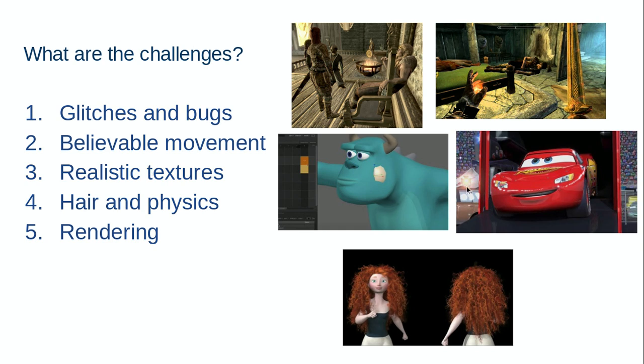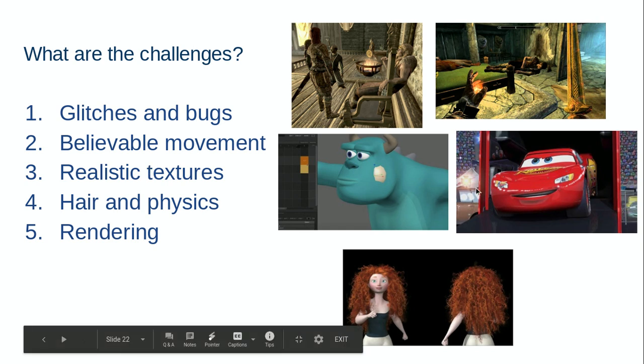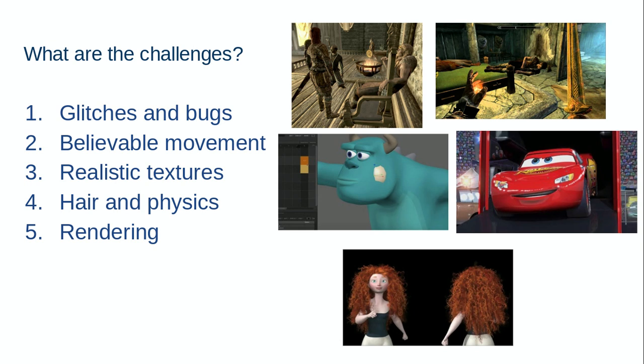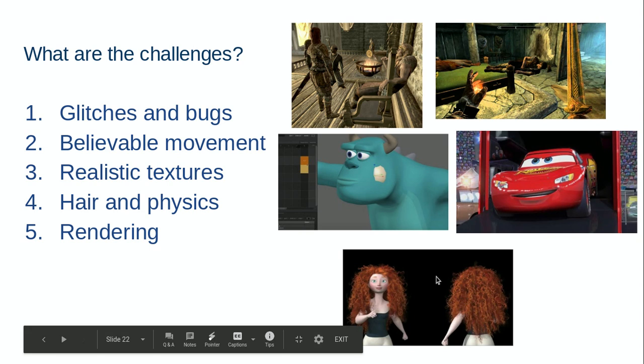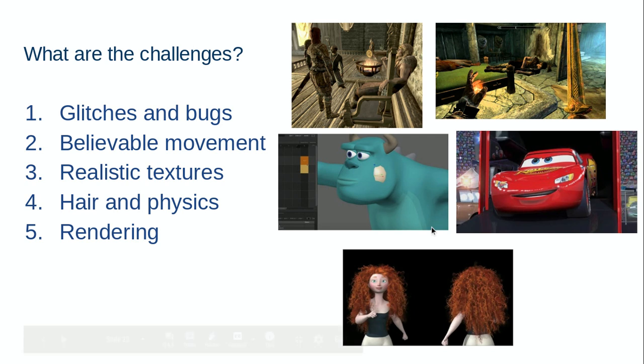And then, I'll be giving you a really good website from Pixar, which talks about the challenges that they face trying to create believable movement and realistic textures, and again, hair simulations using physics simulations. There's all sorts of really good resources out there on the challenges that the Pixar animators face when it comes to creating these wonderful animations.